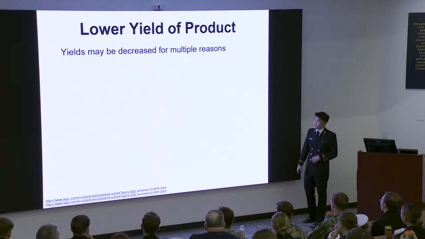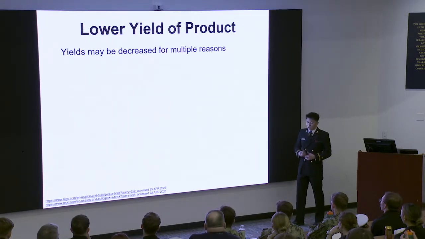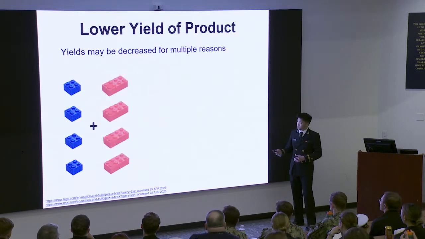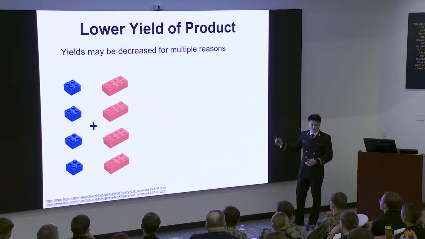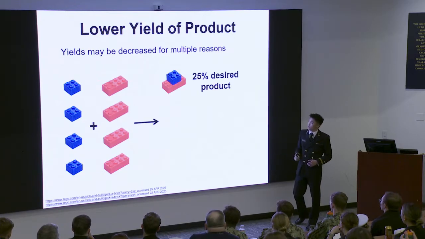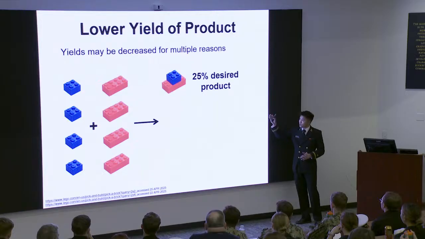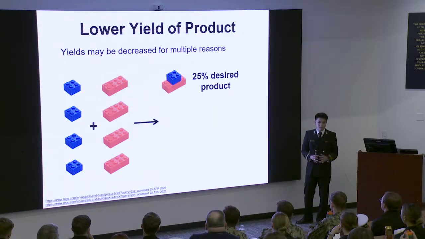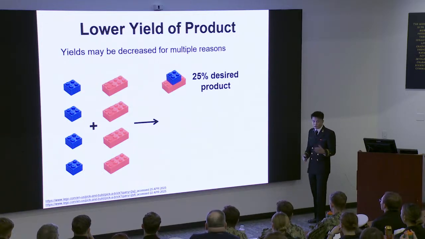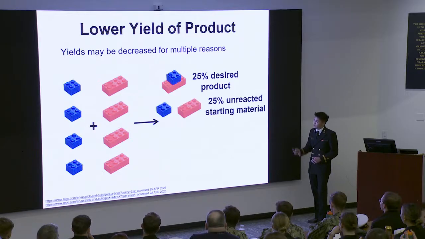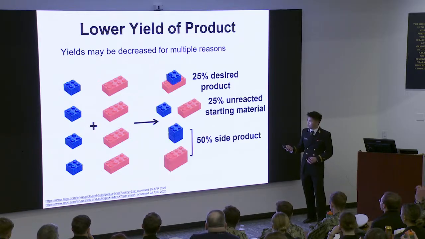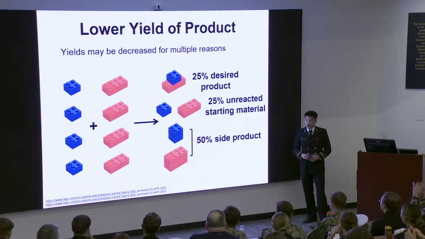In contrast, let's say you have another hypothetical reaction with the same starting materials, blue and red blocks, and the same desired product, but this time you only get 1 combination. That's 25% product yield, significantly less than 100%. The remaining reaction mixture can contain unreactive starting material as well as undesired side product formation.